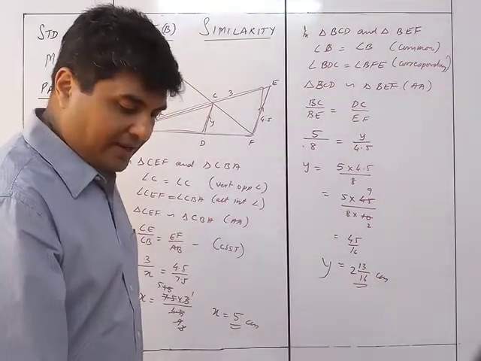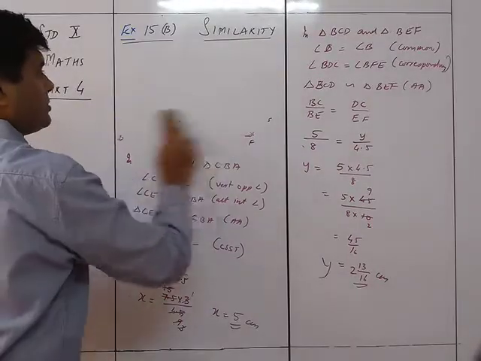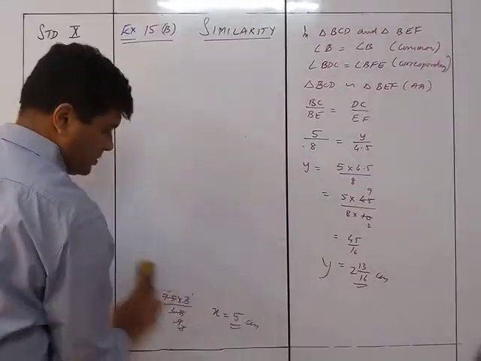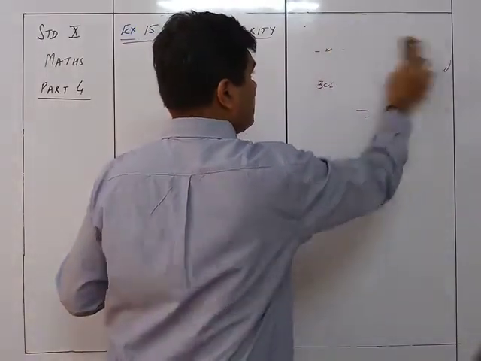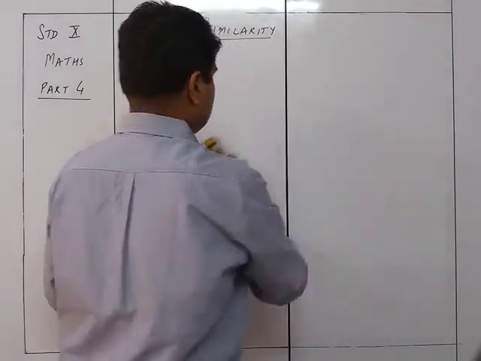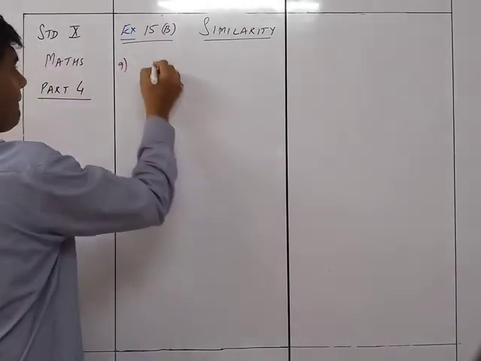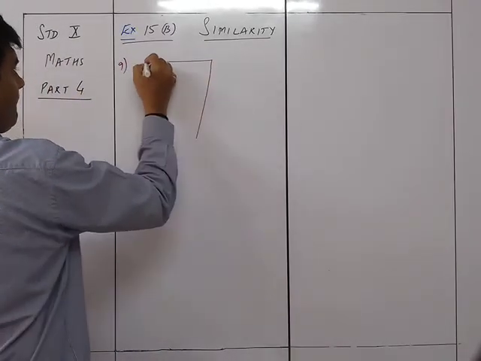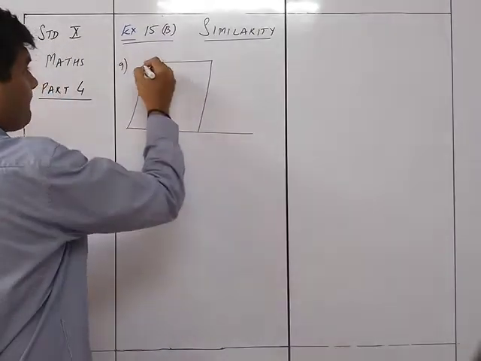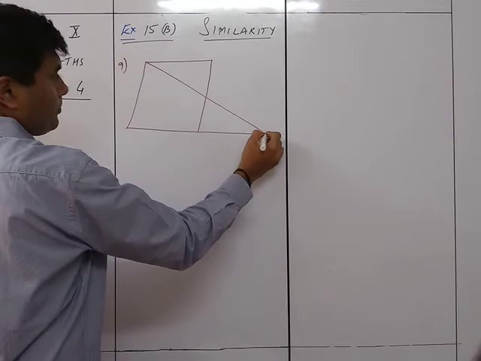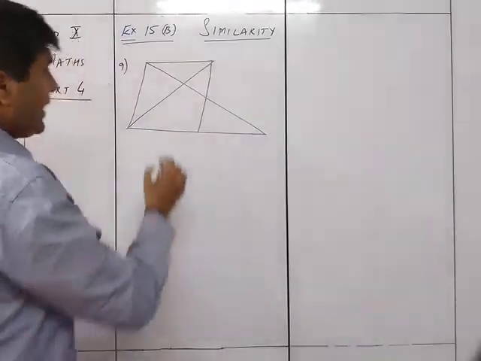We move on to the next sum, that is sum number 9 of this exercise. Okay, so you have a parallelogram over here.